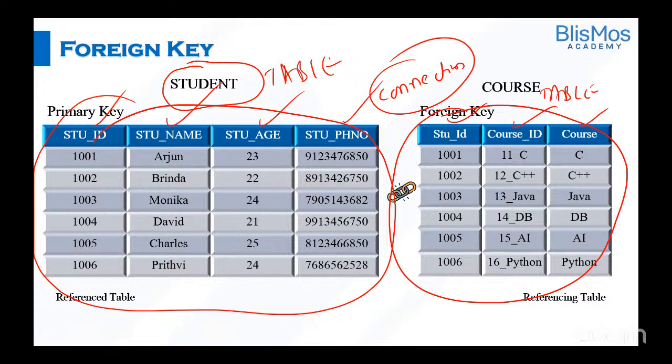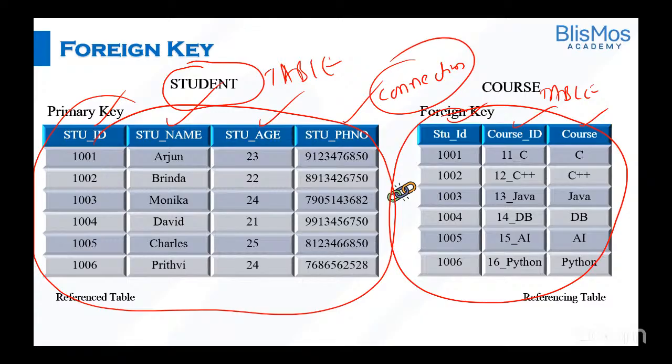Observe this. Antara, what am I doing here? How am I establishing a relationship? Sir, we are defining a foreign key which will hold the relationship between the two tables using the primary keys of the individual tables. Wonderful.